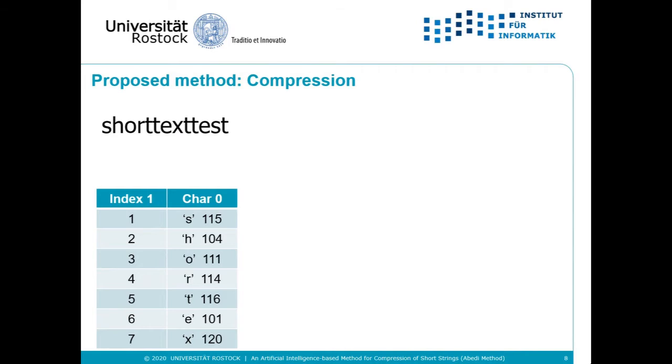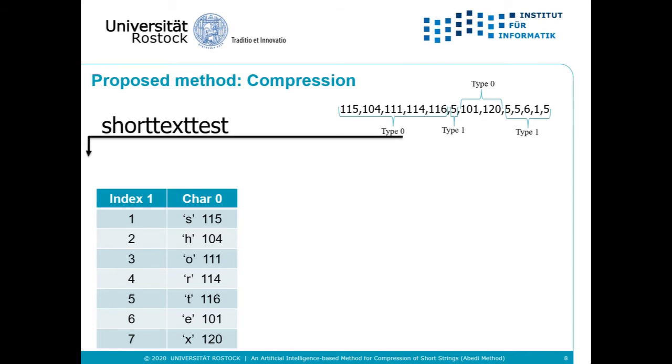Then for each new character, the algorithm considers its ASCII code, and when the character is repetitive, the index will be considered. So we have this string which consists of types 0 and 1. The type 1 represents the new characters and type 0 represents the repetitive ones.